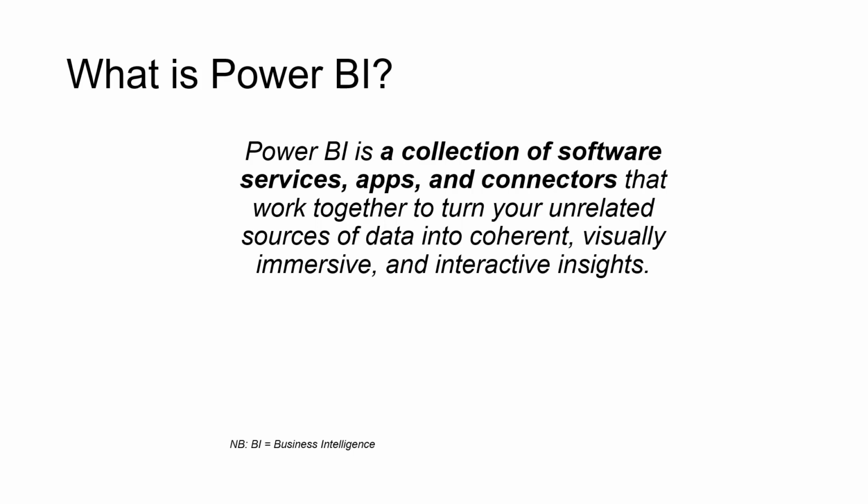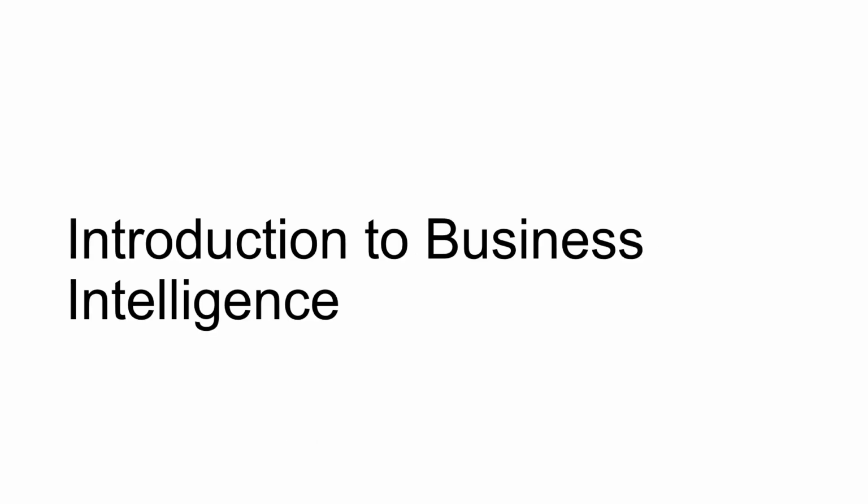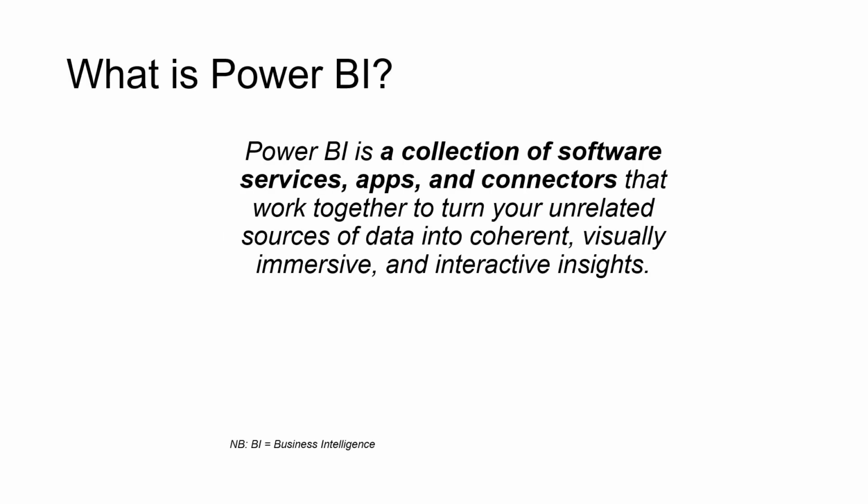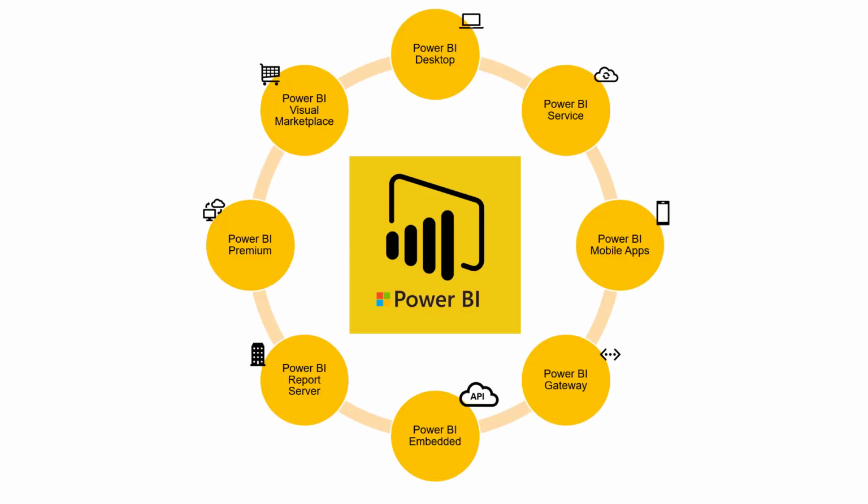So where does Power BI come in? What we talked about earlier really is the introduction to business intelligence. We talked about all the different parts, and Power BI is to fulfill all of those definitions that we talked about earlier. So let's dive in a little bit more about Power BI and its various components. In one visual, I'll let you take it all in from this view here.